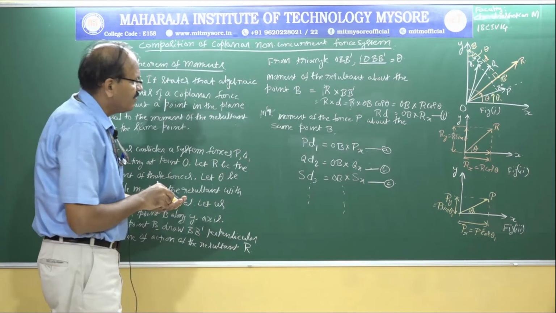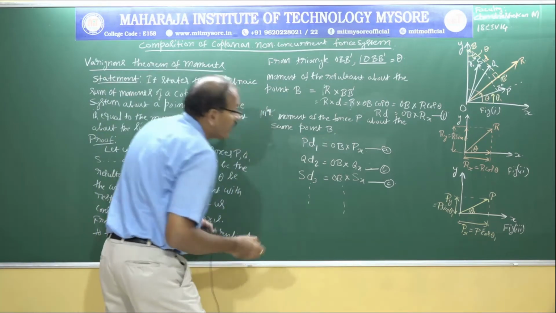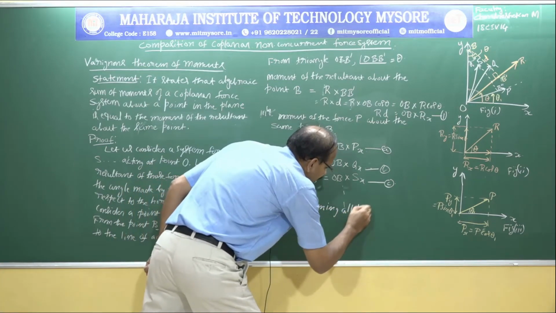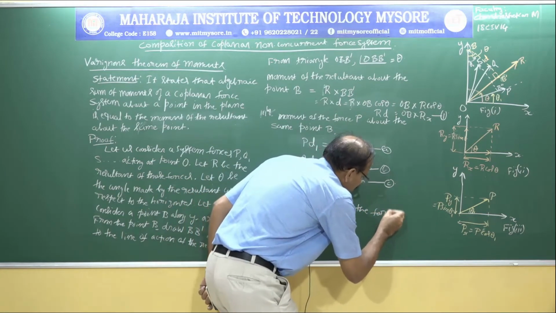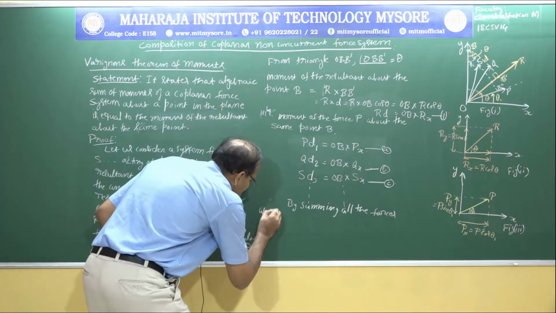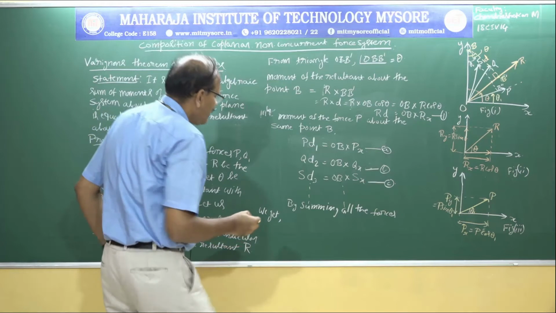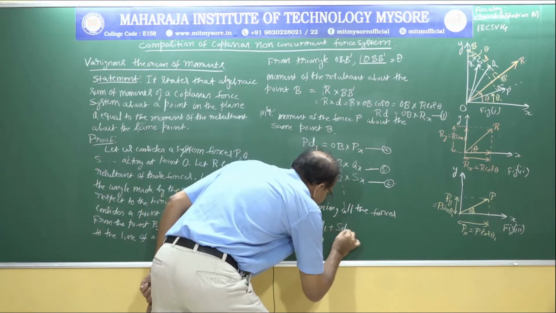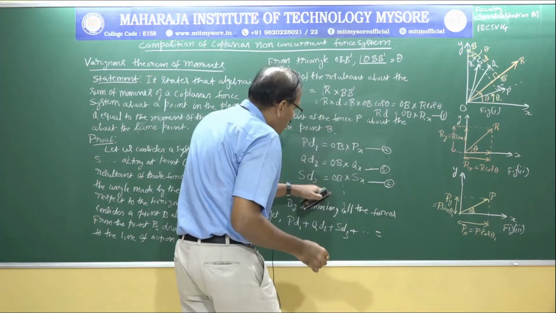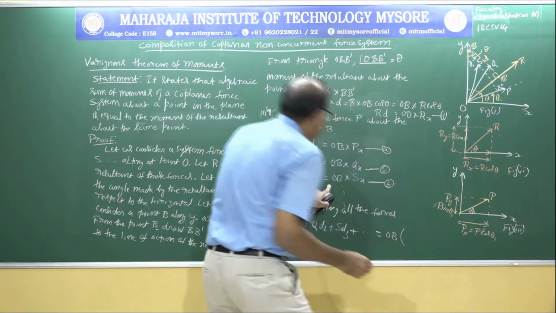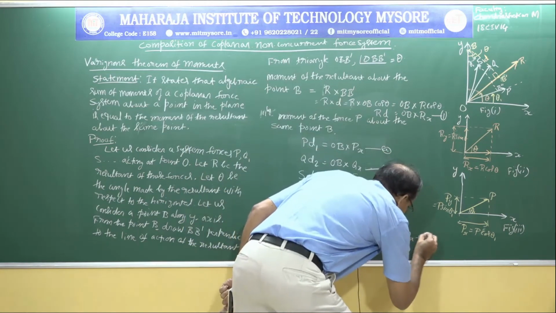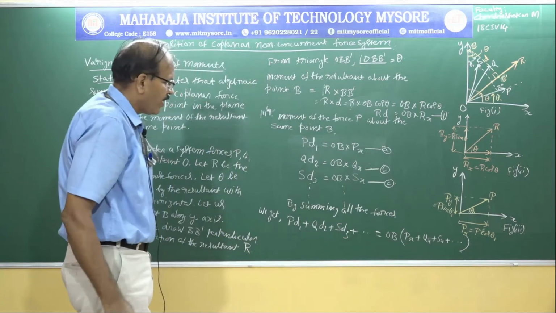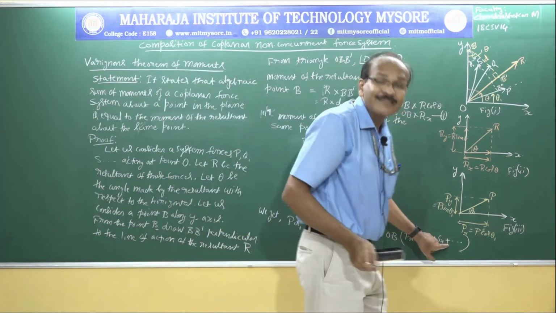By summing all the above forces, we get PD1 plus QD2 plus SD3 plus etc. equal to OB, which is common, times Px plus Qx plus Sx plus etc. So what is Px plus Qx plus Sx?